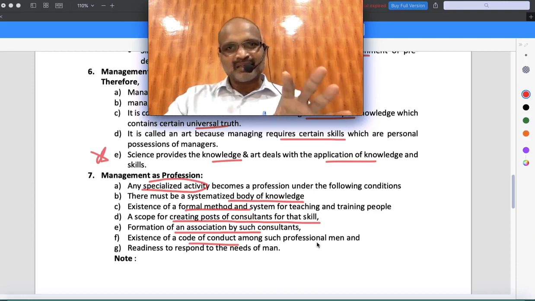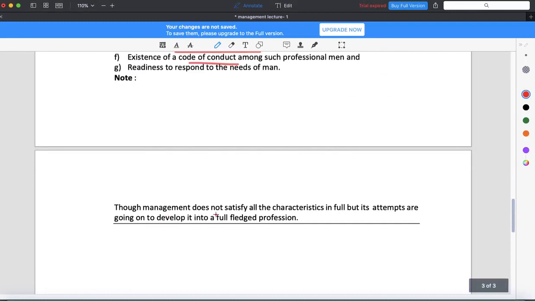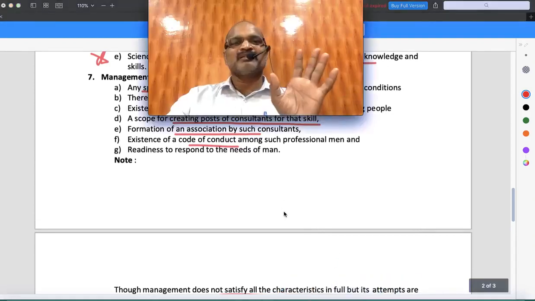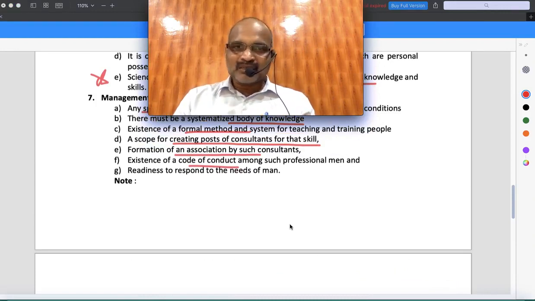Just like that is the management profession. That's what it says. Though management does not satisfy all the characteristics, some attempts are made to show that management is also a profession. Just like CA, it may not be a professional body, but it has some characteristics of professional bodies. So management has certain characteristics of profession, art, and science.